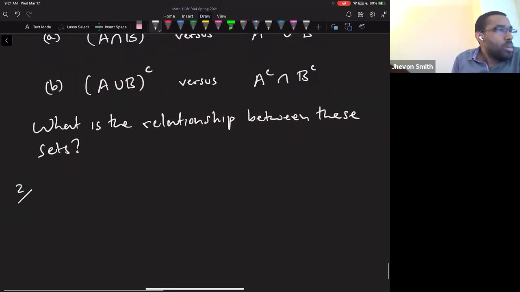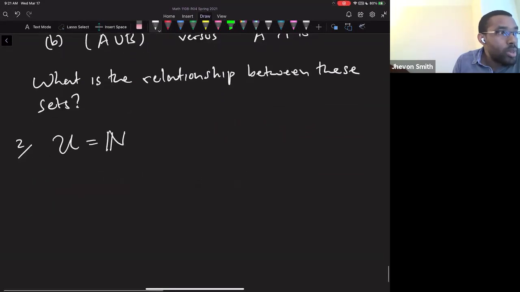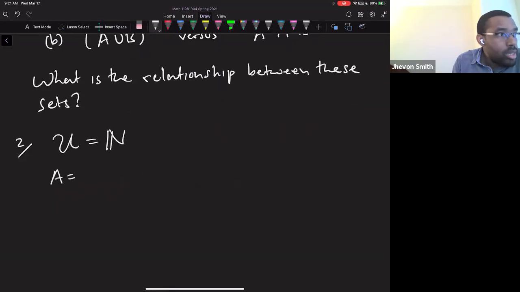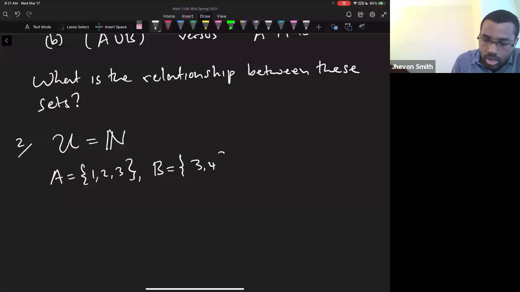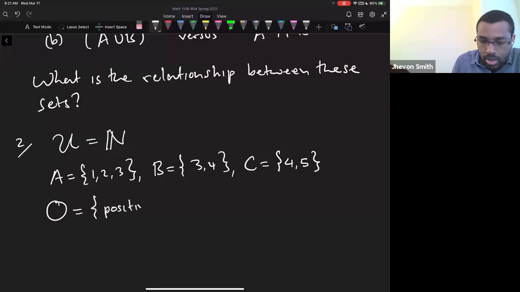Two. Suppose I say my universe is the set of natural numbers. My set A is the set 1, 2, 3. My set B is the set 3 and 4. My set C is the set 4 and 5. My set O is the set of all positive odd numbers.